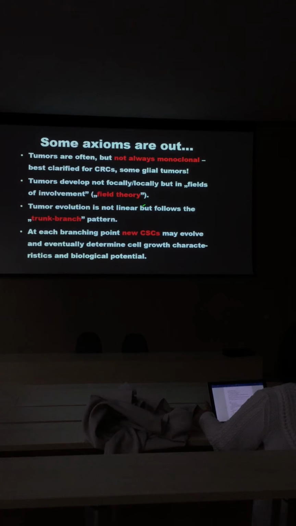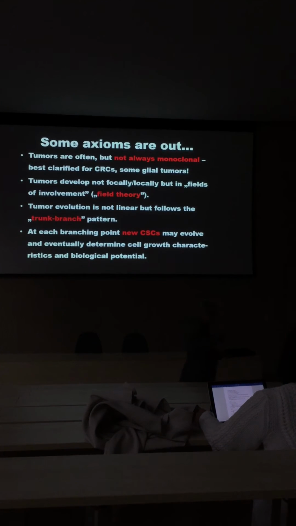Plus, we now know that tumors usually do not focally evolve, but evolve in a field of tissue. I'll give you one example that will make sense to everybody. Carcinoma of the urinary bladder is most often caused by the carcinogenic effect of substances dissolved in urine, which will affect the full mucosal surface of the urinary bladder.